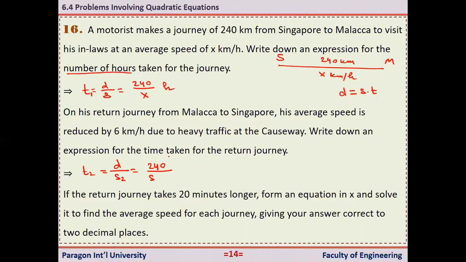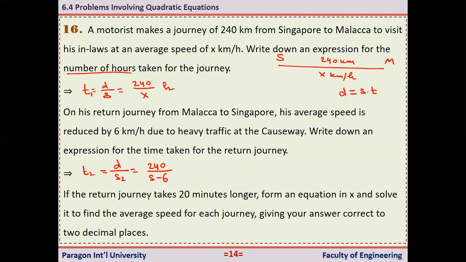So that's equal to s minus 6 kilometers per hour. This is the time taken to travel from S to M, and this is the time taken to travel from M to S.